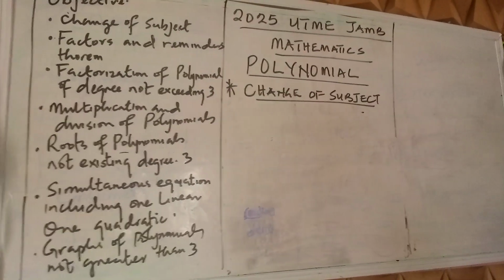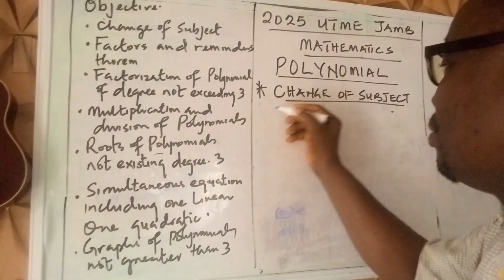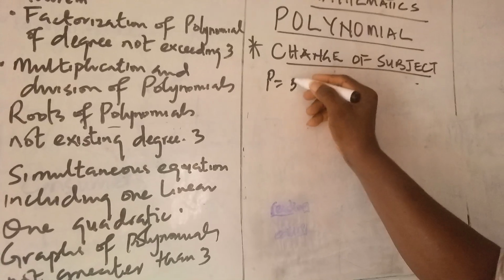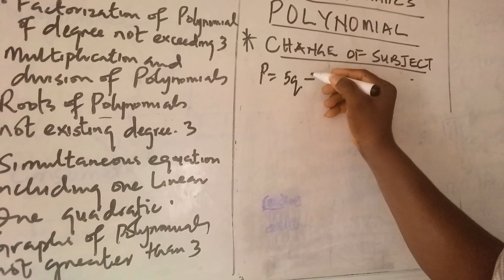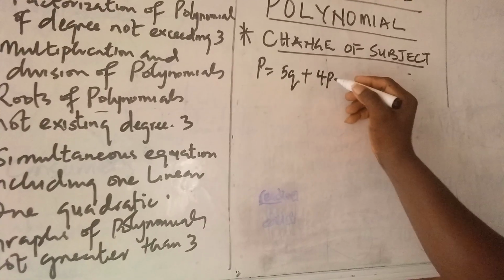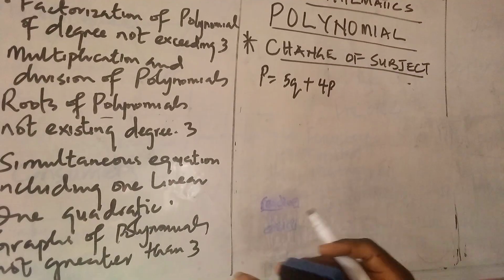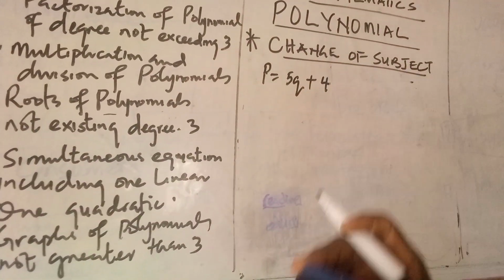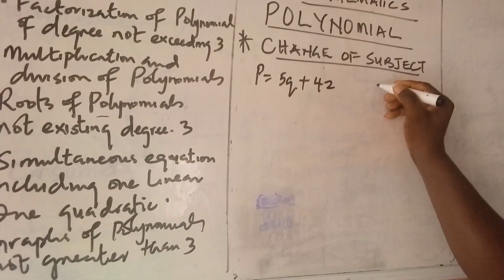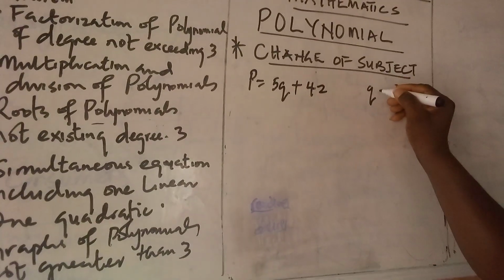The equation can say P is equal to 5Q plus 4Z, for instance. And the question will say make Q the subject.